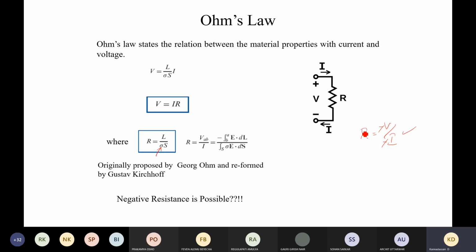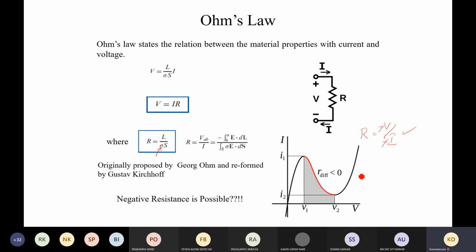But we can achieve negative resistance, or negative differential resistance, by means of one interesting property. If you have a device with IV characteristics in this way, this region is positive resistance, where dI by dV is positive. But here, you see that dI by dV is negative.